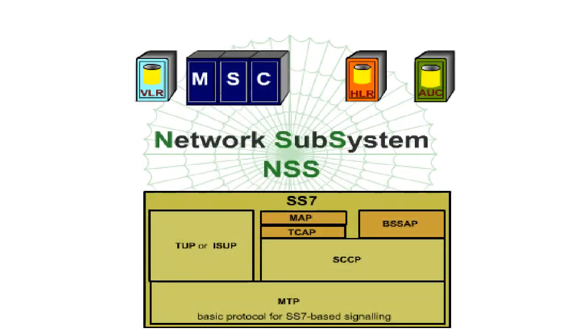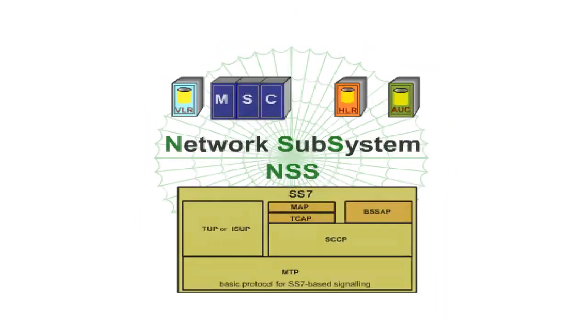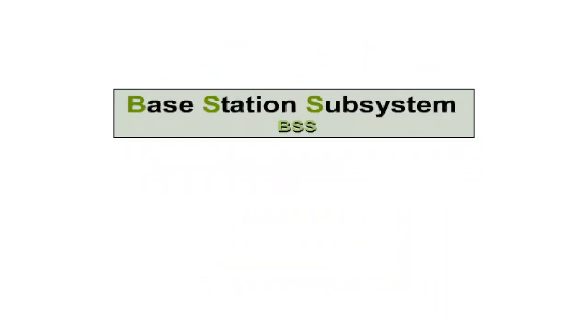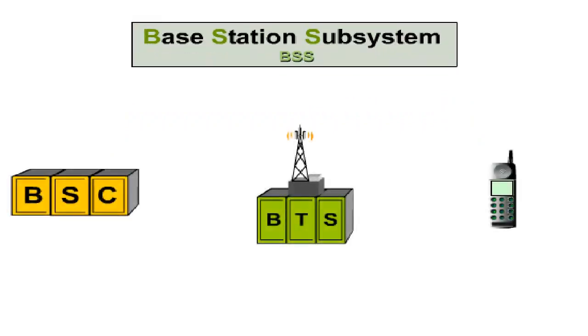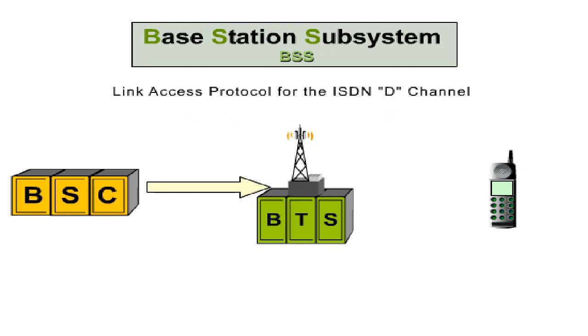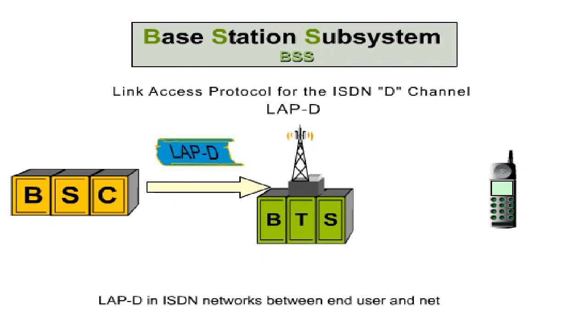Whereas the elements in the network subsystem use SS7, further protocol types are needed in the base station subsystem. The BSC and BTS communicate using the Link Access Protocol for the ISDN D channel, or LAP-D. This protocol is also used between the end user and the net in ISDN networks.